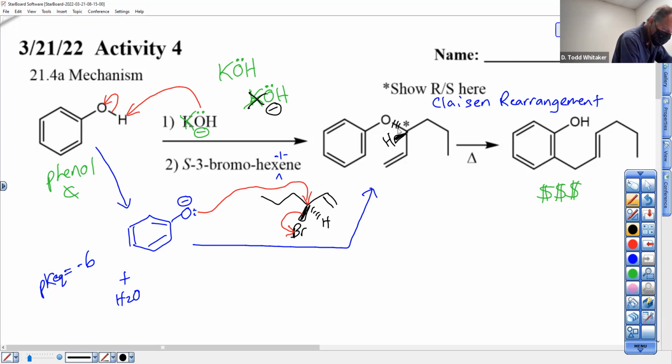And pick an adjacent bond for a dash. There you go. There it is. Nice. So it used to be S. Just a reminder, it used to be S. And when you're done, it's R.